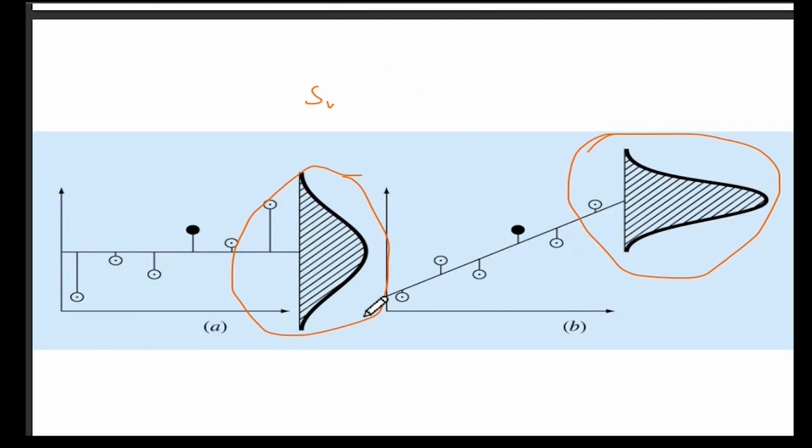Yang mana untuk A, A ni adalah kalau kita ambil nilai mean data saja, so kita campur semua titik yang ada dan kita cari nilai mean dia, so kita dapat spread dia, bentuk dia macam ni. Yang untuk B ni, kalau kita cari best fit line, kita akan dapat bentuk bell shape ni yang mana tengah dia lagi tinggi.